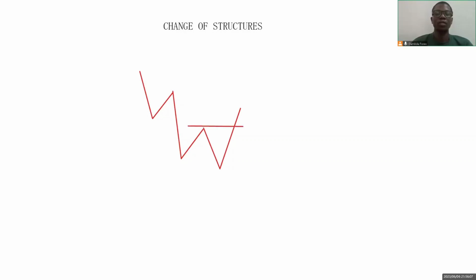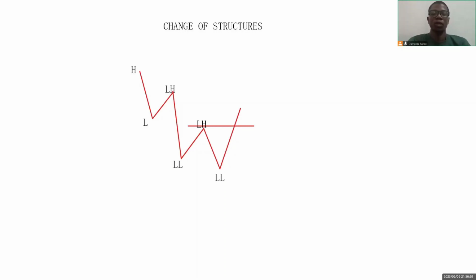Okay, this was where the structure changed, because this is a high, this is a low, this is a lower high, this is a lower low. Then this point here where prices change structure is what? A lower high.